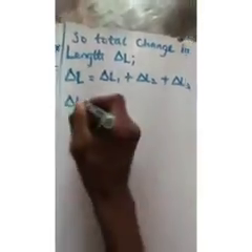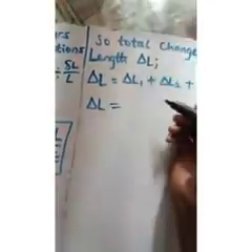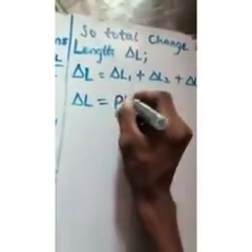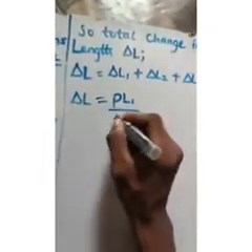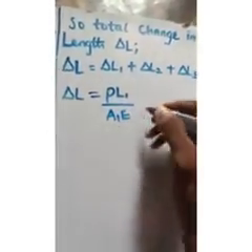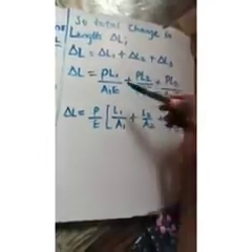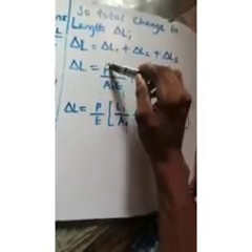If I add it together, I can have my change in L1, if you remember, that will be P L1 all over A1 E, and so on. So from here, we complete it. Then if I collect like terms of my load and my Young modulus together, I'm going to have something like this. Collecting this, I have L1 over A1. So this is the elongation formula of bars of varying cross section.